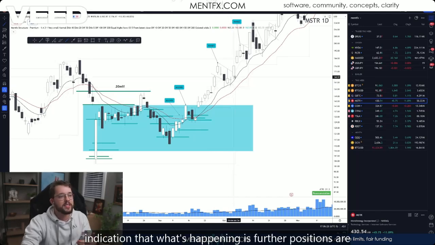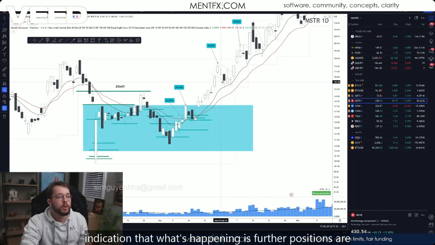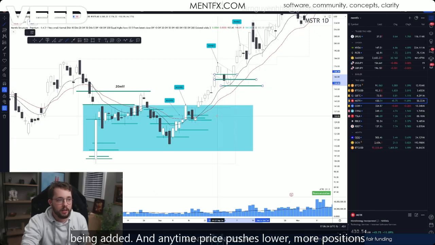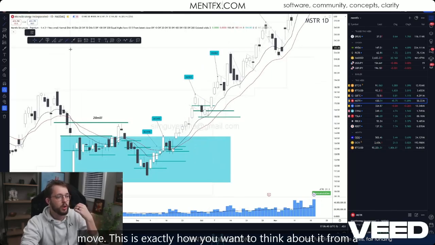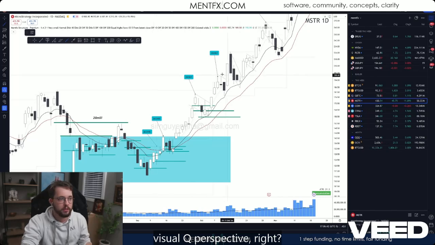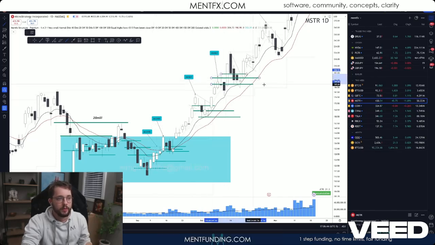That's an indication that further positions are being added, and anytime price pushes lower, more positions are being added, and you get a move. This is exactly how you want to think about it from a visual cue perspective.